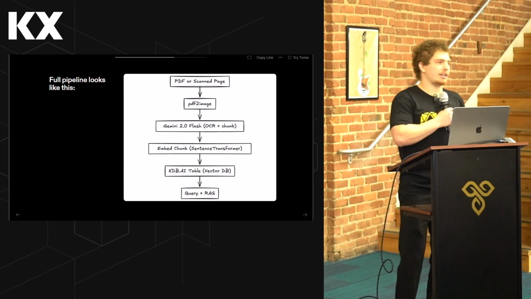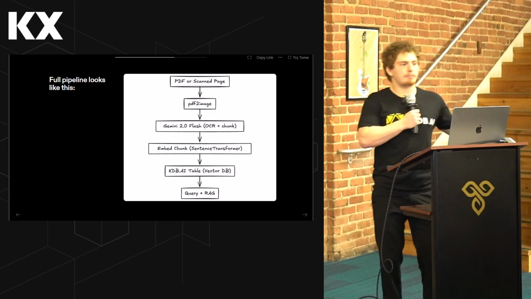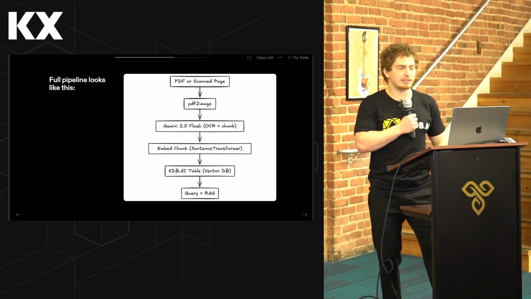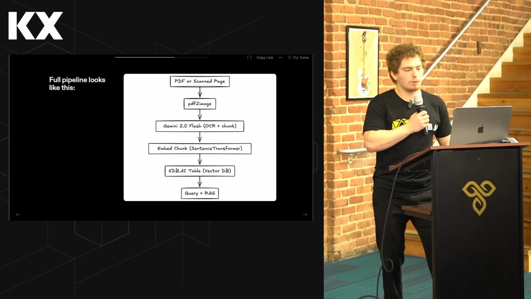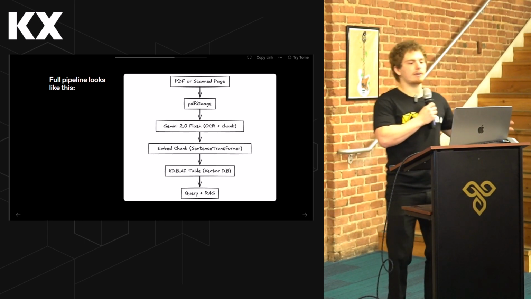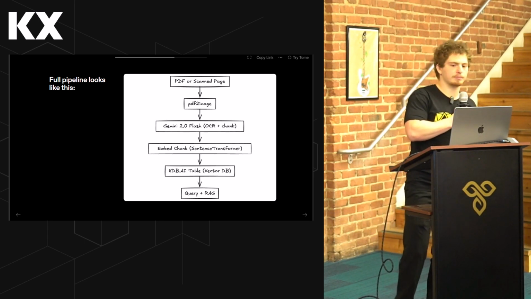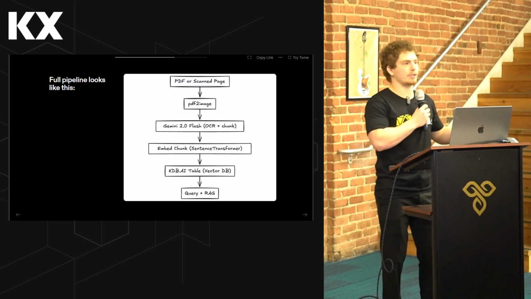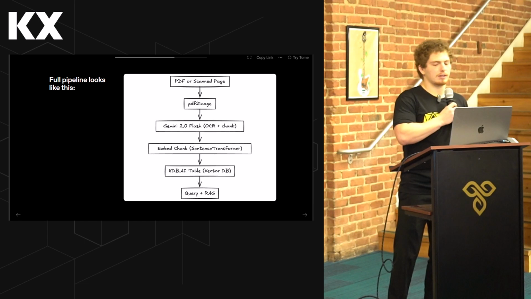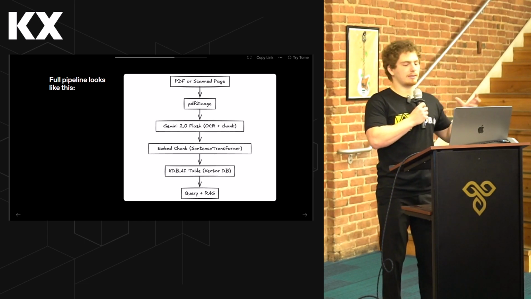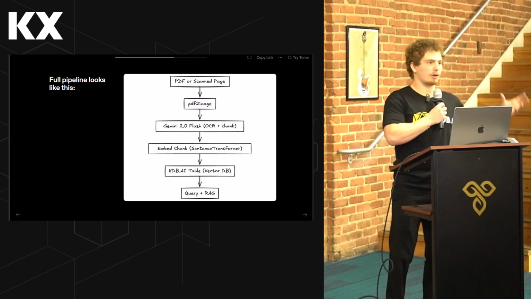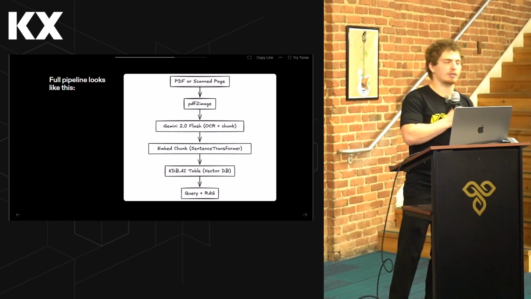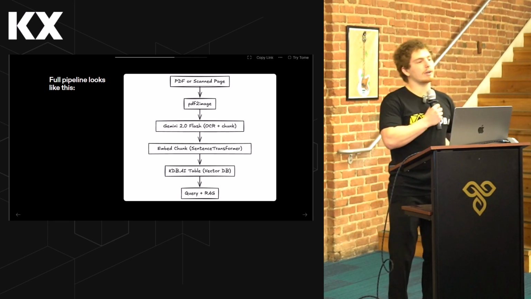All right, so let's say you were trying to build your own PDF parsing and chunking strategy from scratch. Again, this is extremely naive and this is not enterprise ready. Well, what you would do is take a PDF, turn it into an image, pass it to a VLM or Vision LLM like Gemini Flash, and then ask it to give you the individual chunks. And then you embed these chunks, put them into a vector database like KDB.AI, and you do query and RAG.